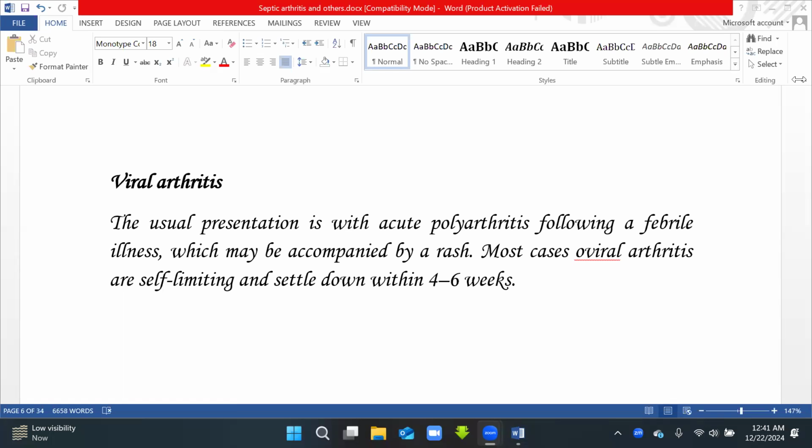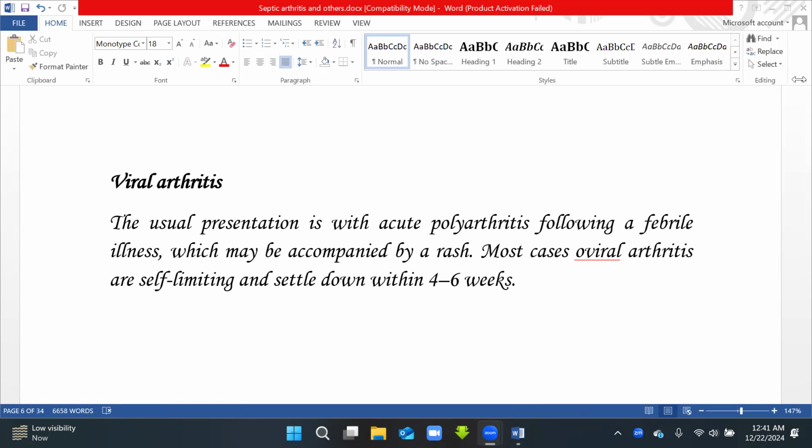So viral arthritis is common, is caused by a viral infection, and is characterized by joint inflammation. This condition can occur due to a variety of viruses like Shigella, parvovirus B, hepatitis B and C viruses, the rubella viruses, among others.